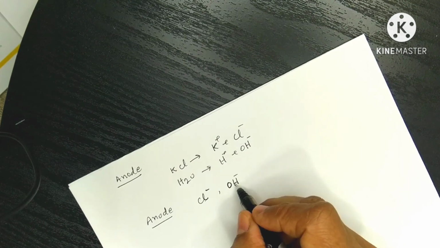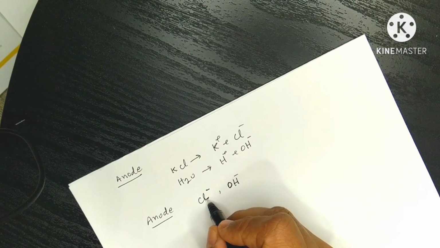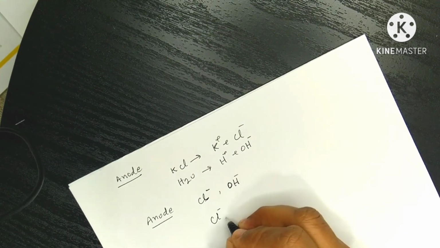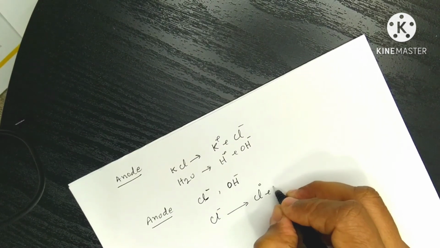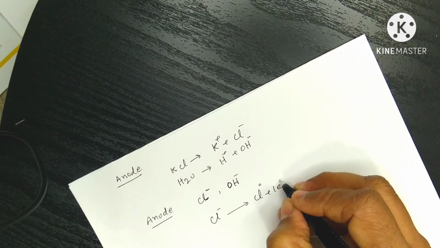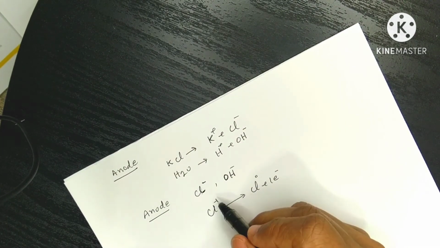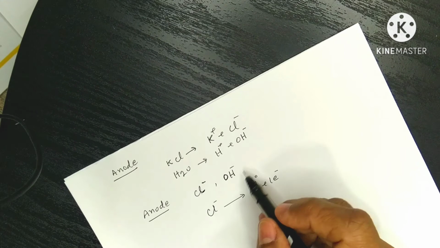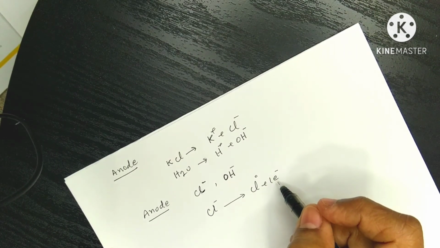Now we know water is weak electrolyte, and it means we have few number of the hydroxide ions and chloride ions are more. So chloride ion moves towards the anode. Here they will release the electron and convert into the neutral chlorine. This is the normal case when we take the aqueous solution of potassium chloride. Chlorine gas will release at the anode.